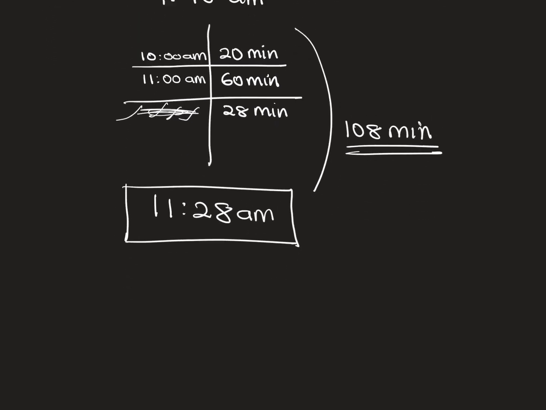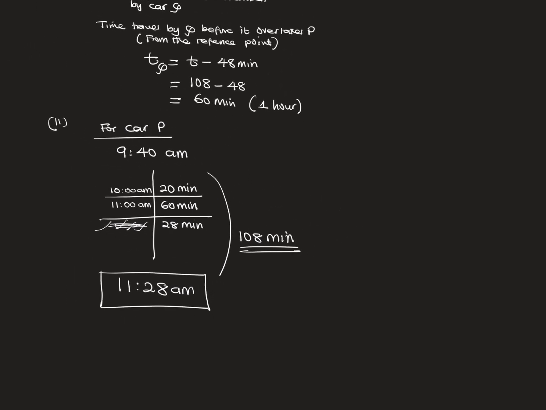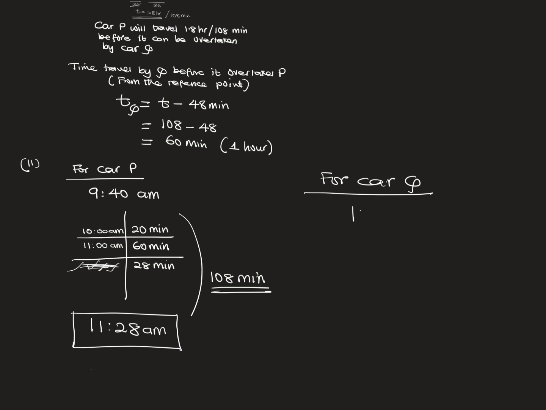Yeah. So if at all we want to take reference from car Q, for car Q, from the reference point, what was the time? It was 10:28 a.m. Is that correct? Yeah. So what was the time traveled by Q from the reference point? It was 1 hour or 60 minutes, right? 60 minutes.